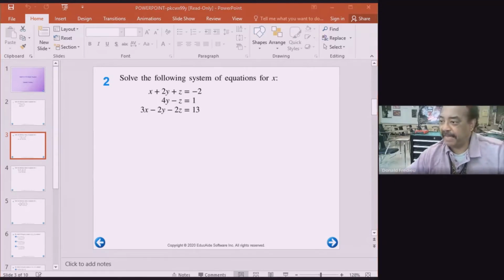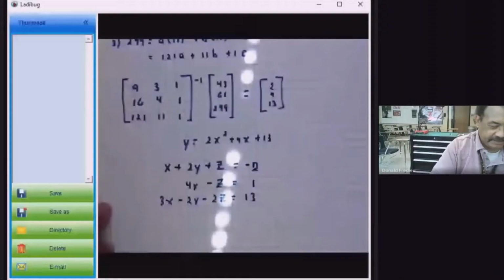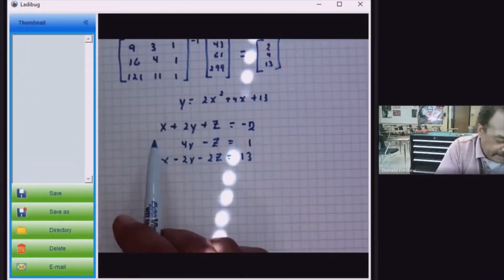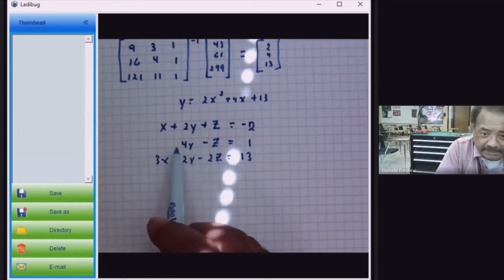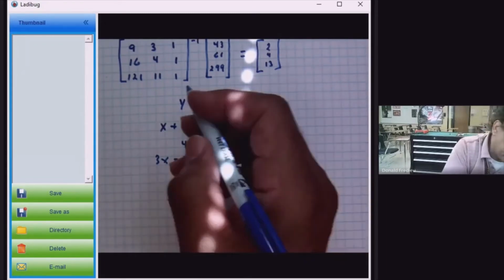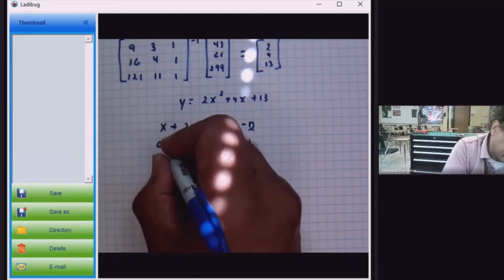Okay, now I'm going back to Ladybug. And this is the system I just copied. Now notice something. I'm missing something here. I should have 3 variables in each row, but I don't have an x. But I can't make a matrix unless I've got something there. So I'm going to put a 0x here.